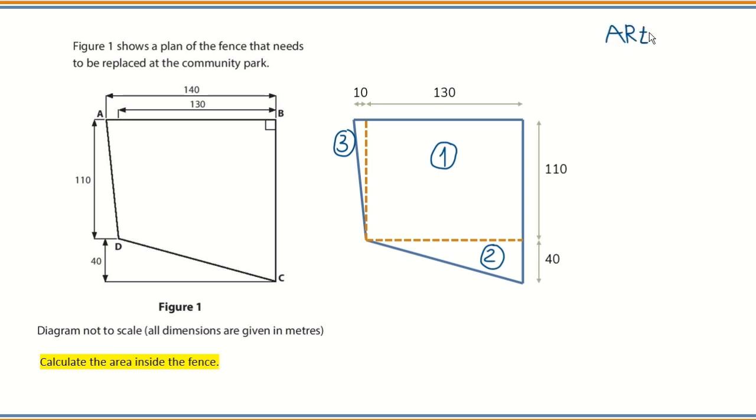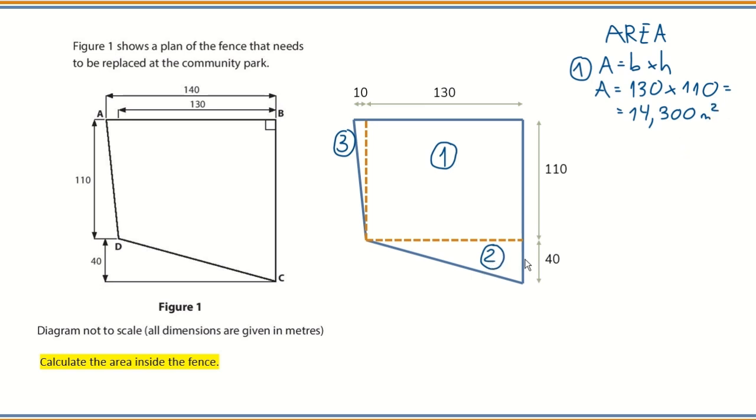So the area of these shapes is going to be, for shape 1, which is a rectangle, base times height. This is 130 times 110. And this is 14,300 meters squared.